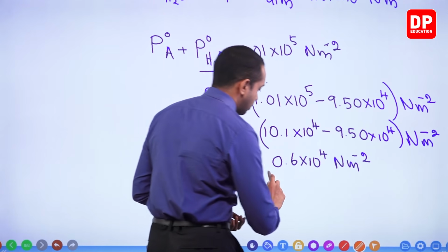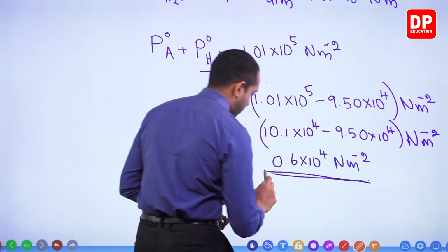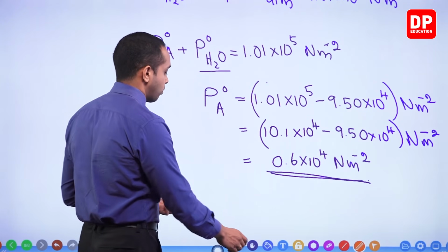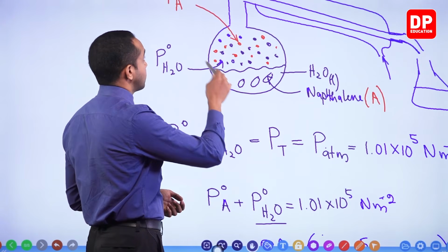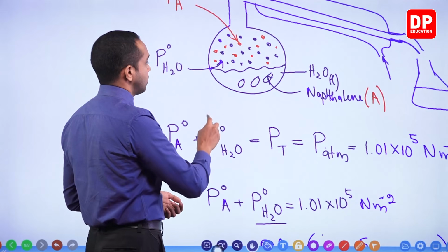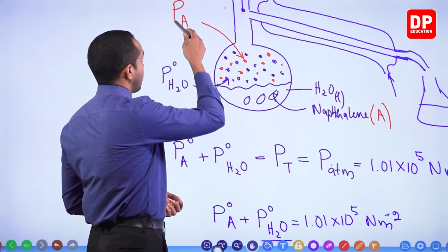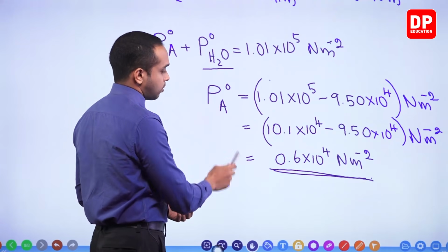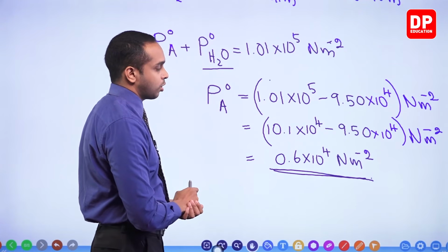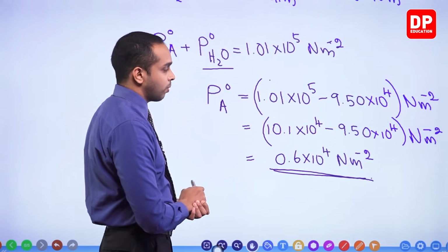So this is going to be the vapor pressure of A found in this vapor mixture, right? So in this vapor mixture, we are going to have a vapor pressure of 0.6 into 10 to the power 4 Nm minus 2.